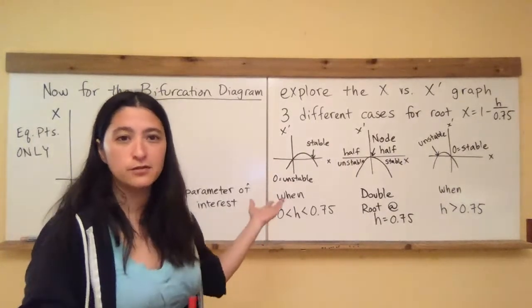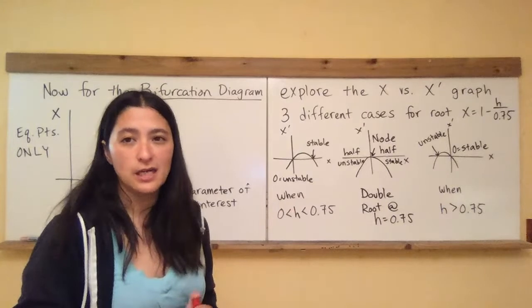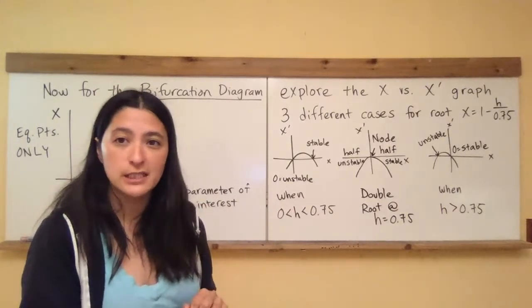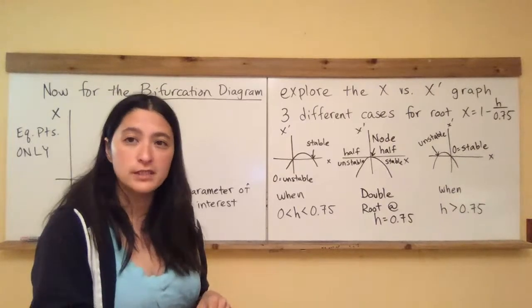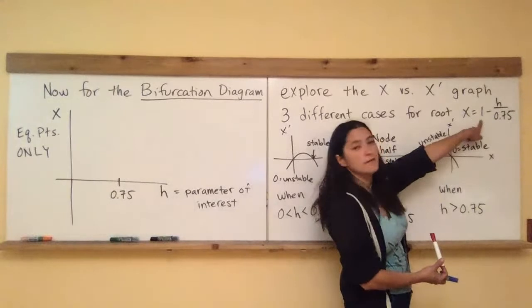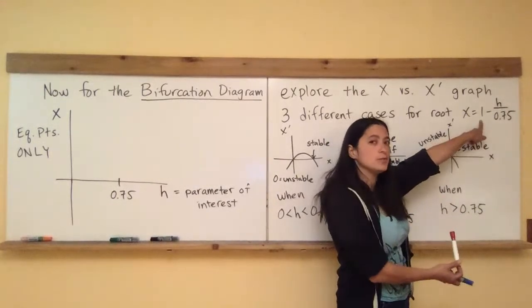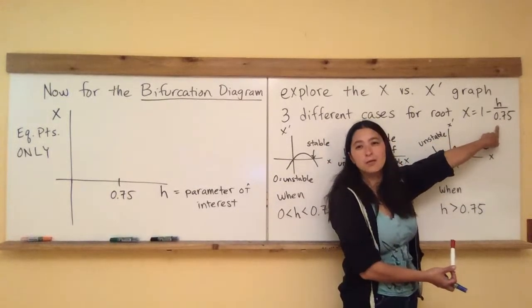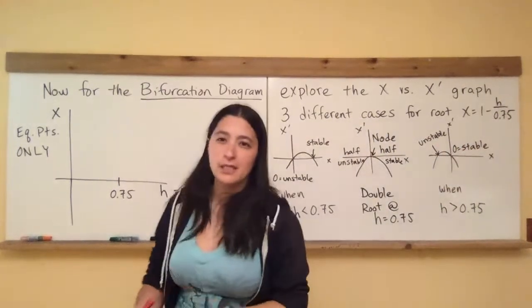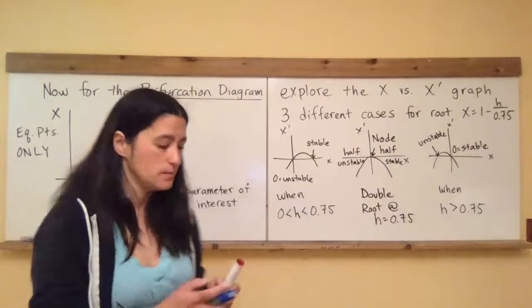Usually in a typical logistic model, the stable equilibrium point will be located directly at the carrying capacity, but because we're harvesting, that's not going to be at the carrying capacity, which is 1. That right-hand stable equilibrium is going to be located somewhere less than the carrying capacity.